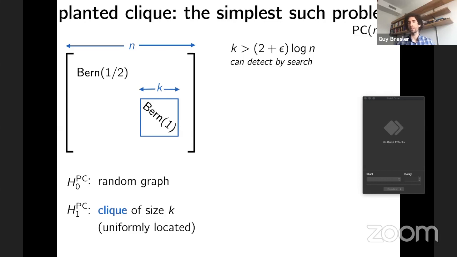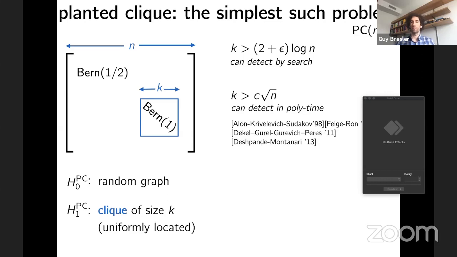Well, that's clearly inefficient. What about efficient algorithms, polynomial time, let's say? If k is bigger than a constant times root n, then it is known via a variety of algorithms how to detect or find the clique. But this is exponentially bigger than the log n threshold that's the information theoretic, or feasible in principle, threshold.